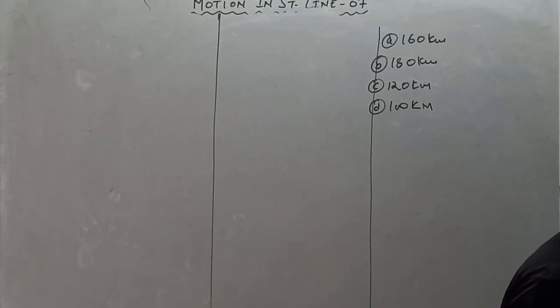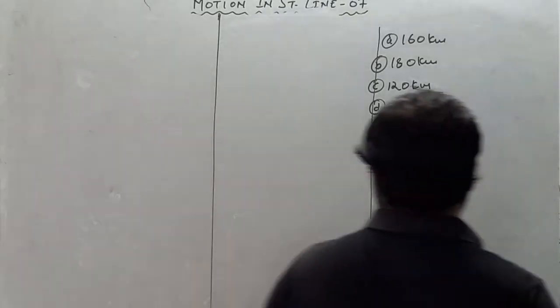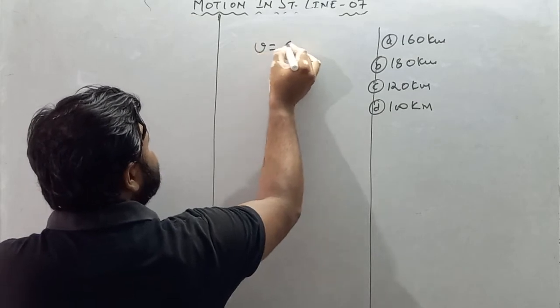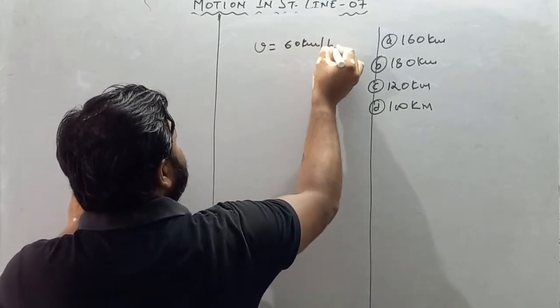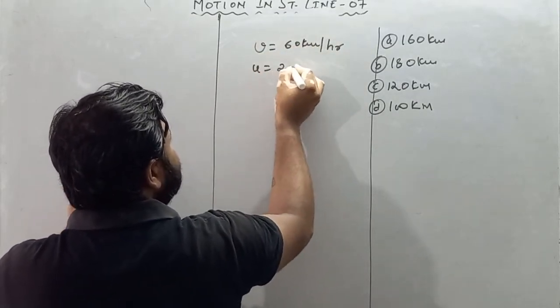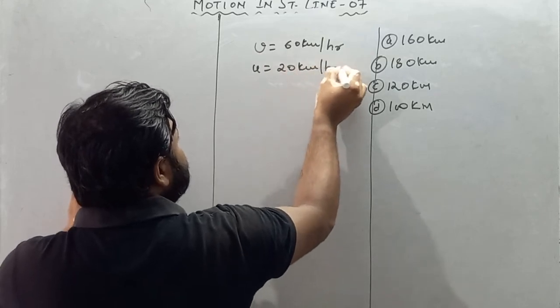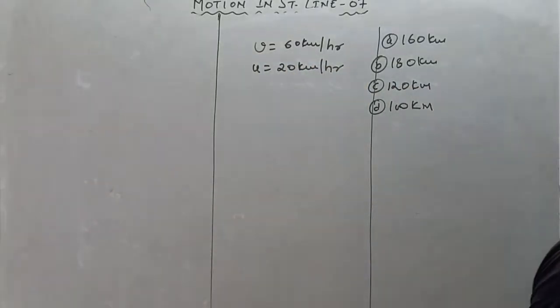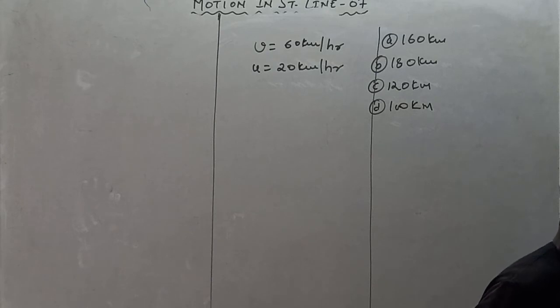So in this question the final velocity is 60 km per hour, and the initial velocity is 20 km per hour.